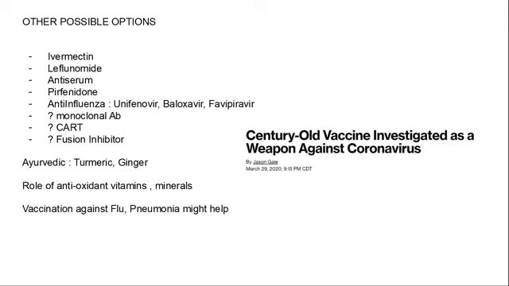The thing is that if you use BCG right now, maybe it would help to prevent a viral infection. But if you ultimately get an outbreak, if you get infected with the virus, then your immune cells are going to be hyperreactive. And we've already learned that hyperreactive immune cells are the reason people die. So BCG vaccine might be counterproductive if you use it right now.